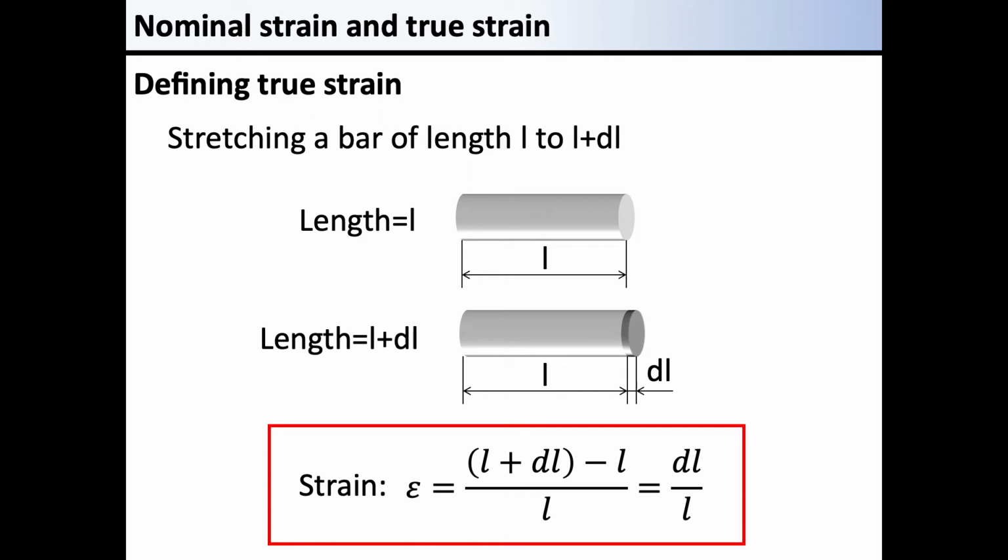So, the strain derived by the process above, dl divided by L, is a small amount of strain. We have now stretched the bar of L up to L plus dl. When the amount of the elongation is dl, the strain, which is a small amount, is dl over L. You should first understand this flow of thinking.